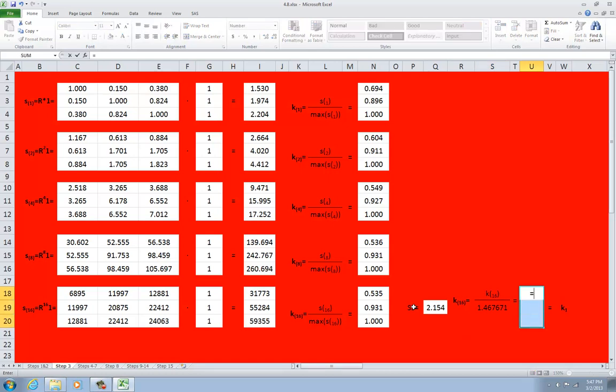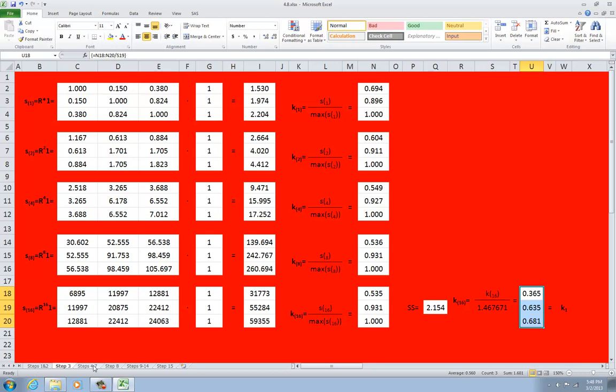So this will be equal to k sub 16 divided by 1.467. So we get 0.365, 0.635, 0.681 as the true eigenvector k1 to end step 3.